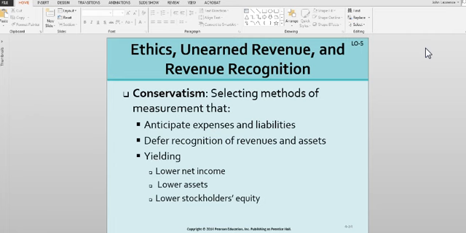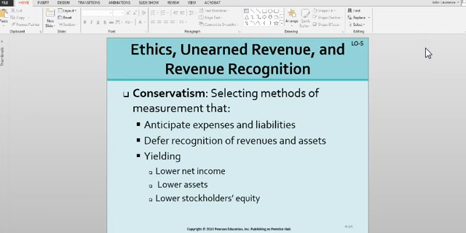So if you're overly conservative or just conservative on the margin, your net income may be marginally lower than what it should have. Perhaps you record a couple extra liabilities just in case something happens. And in that instance, your net income would be a little bit lower, and your stockholders' equity or your accounts payable or your accrued expenses might be a little bit higher. So hence your stockholders' equity might be a little bit lower.